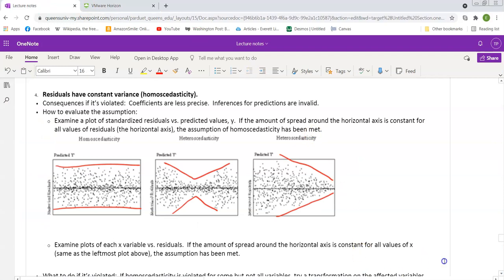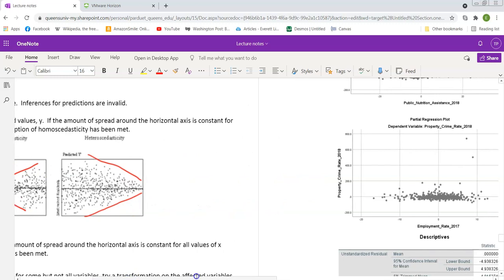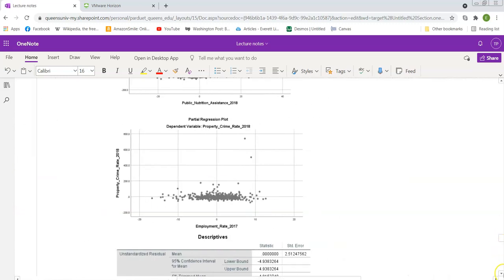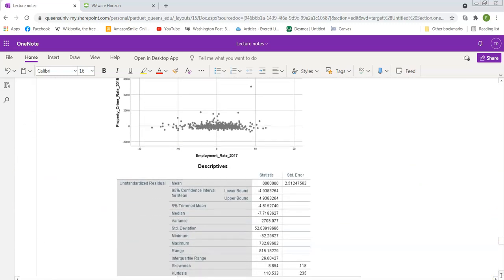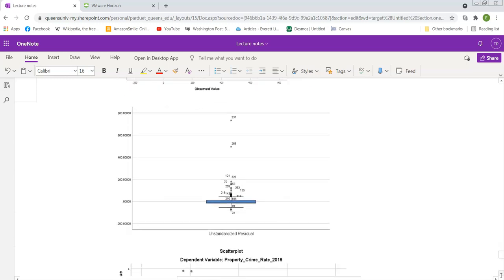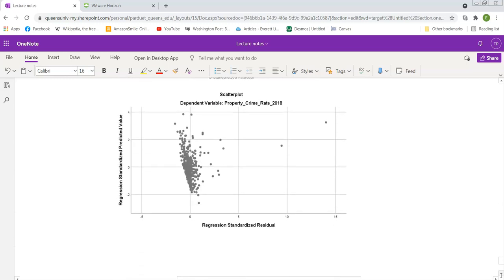So if we look at that for our data, here's our residual plot, our residuals versus predicted. It's extremely hard to tell from this one.